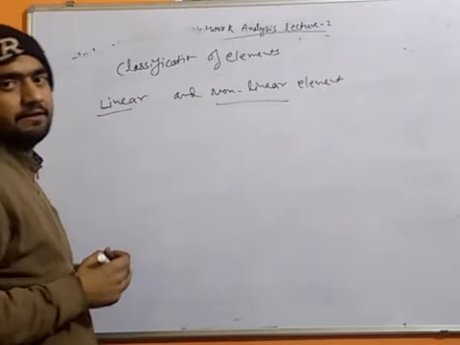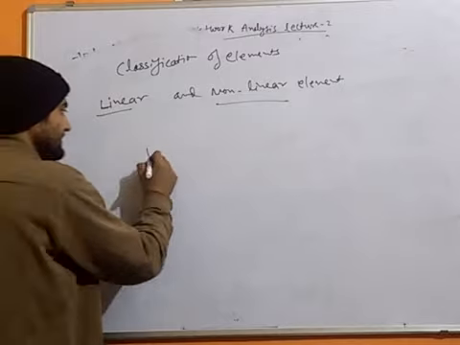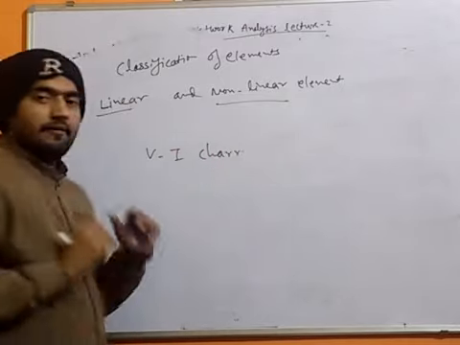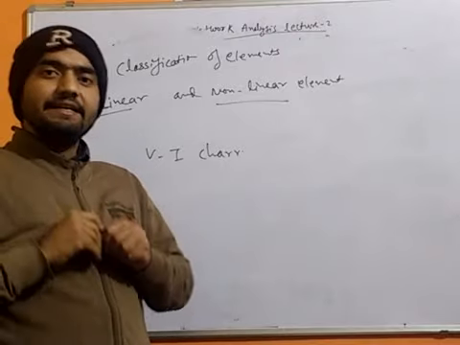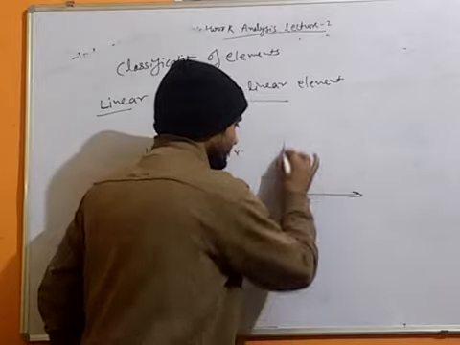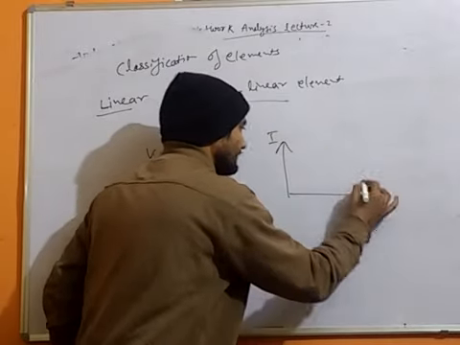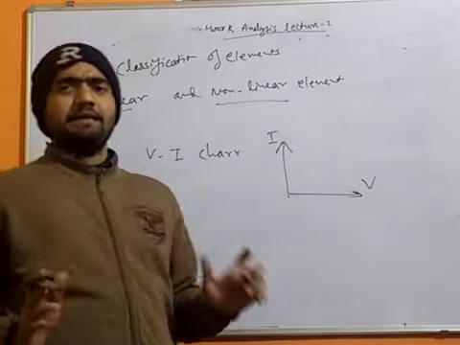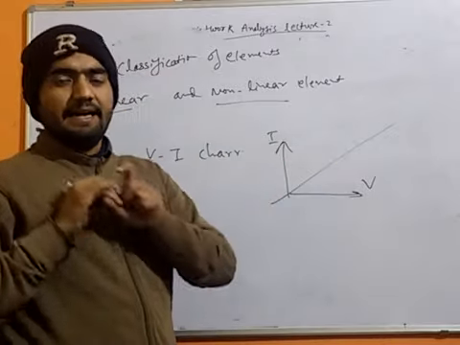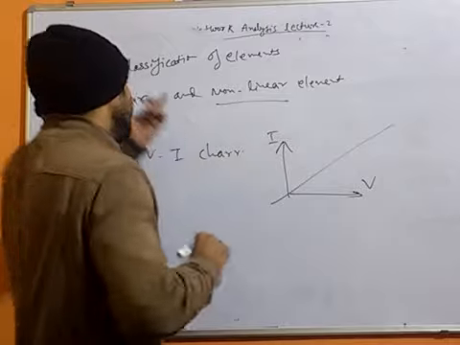Linear: when the VI characteristic for a given element is linear, that is, if we plot the current versus voltage graph for any element and that graph is linear, then that element will be called a linear element.